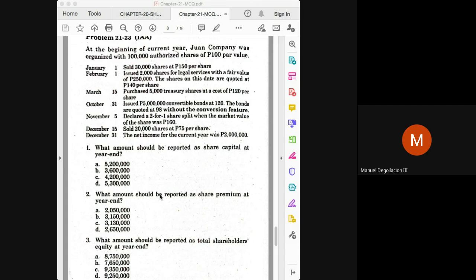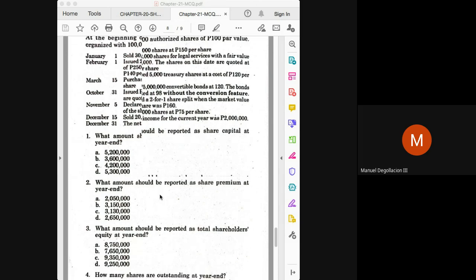And then also from December 15, we have the 500,000. So 1,500,000 from January 1, 50,000 from February 1, 1,100,000 from October 31, and then 500,000 from December 15. You will have 3,150,000.